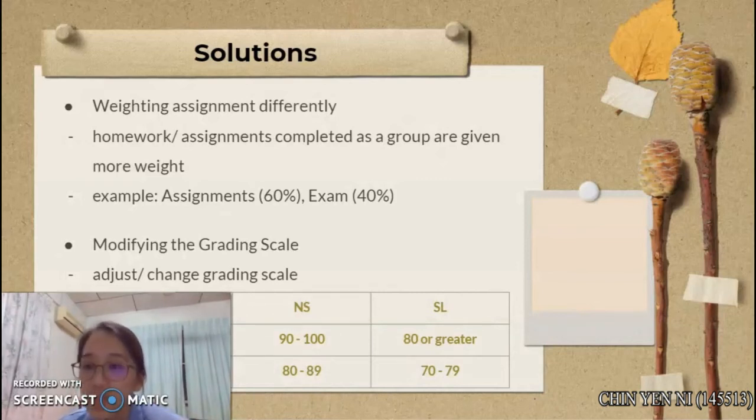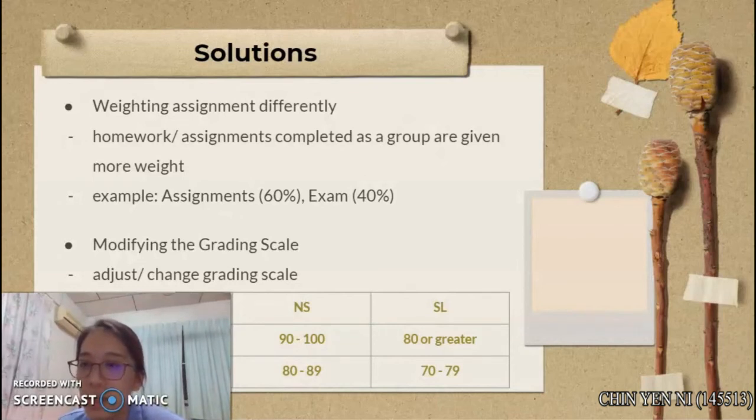Let's say, for example, assignments or projects or presentations, those group works will be given 60%, and exams completed individually, exam only 40%. So you can see the weighting given.